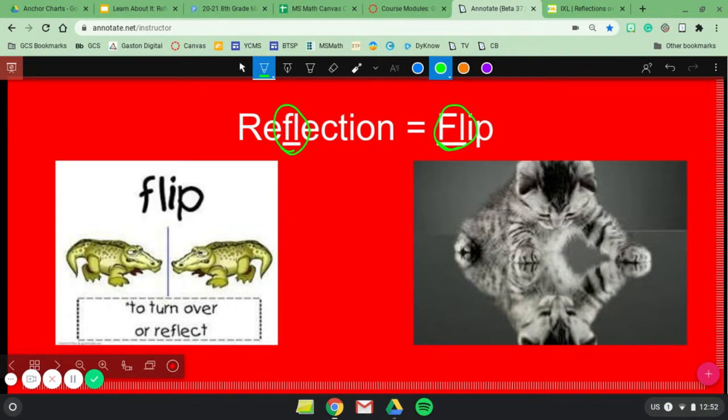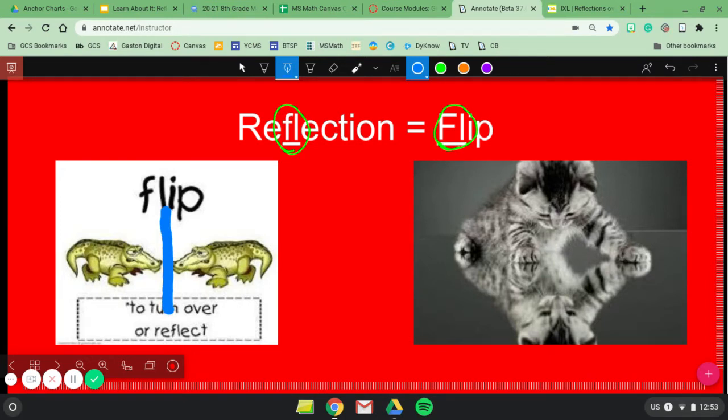If you look at the pictures down below, you'll notice that both of them have a line of reflection. That just means the line that the image flips over. If you look at the first image, these two pictures flip over this line right here, and it gives it to you in the image, which is nice.